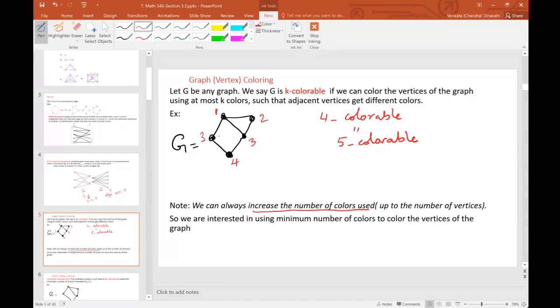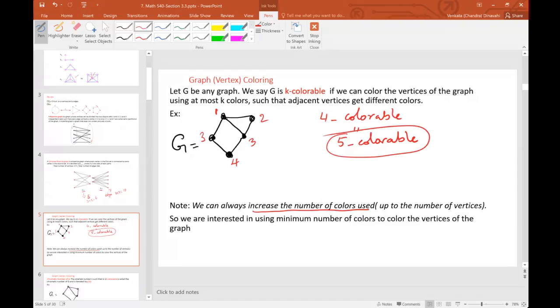How many vertices do I have? 1, 2, 3, 4, 5. So I can call this graph 5-colorable. Even 10-colorable, because I am using 5, which is less than 10, so I'm good. So k-colorable is not of very much interest.